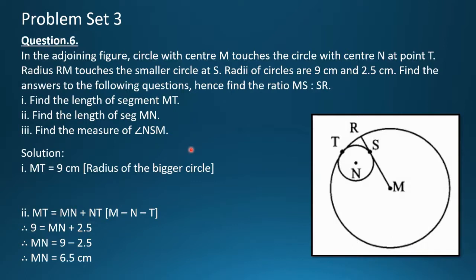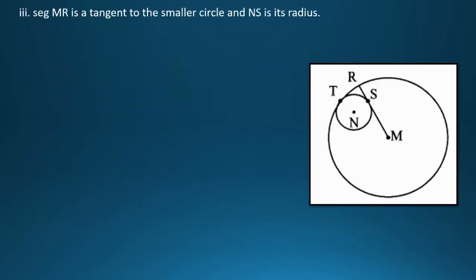So let us move on to the third part. In the third part, we have to find the angle NSM. Now we know that segment MR is a tangent to the smaller circle and NS will be its radius. Therefore, by the tangent theorem, we know that the radius has to be perpendicular to the tangent.